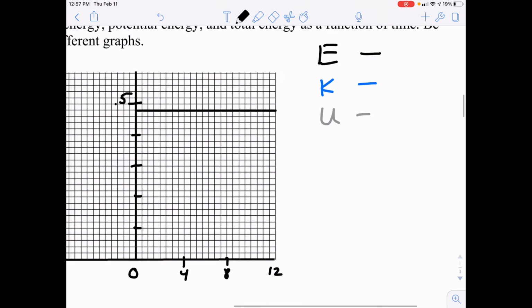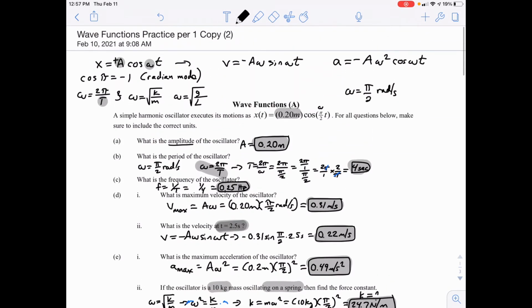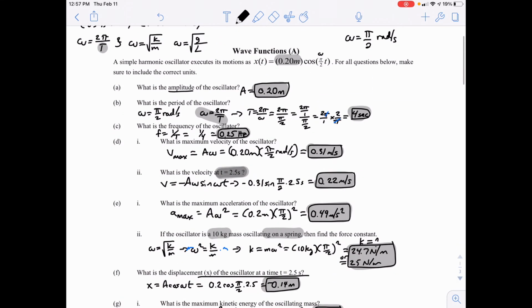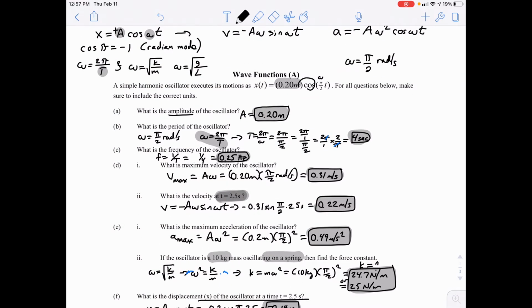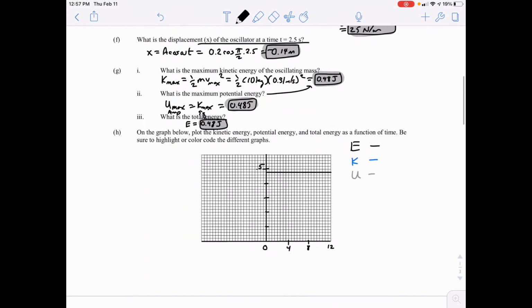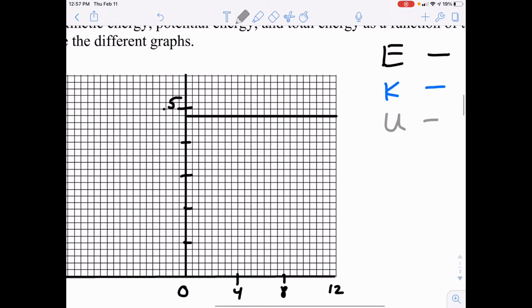My kinetic energy, however, since we are at time equals 0, we are at the amplitude position. That means at time equals 0, we have a maximum potential energy. So I'm going to make a dot here.